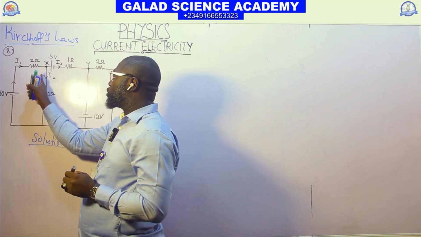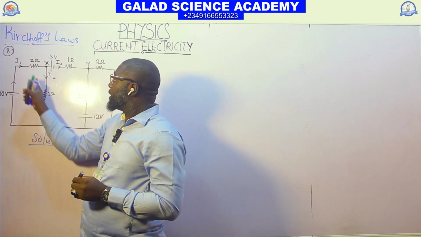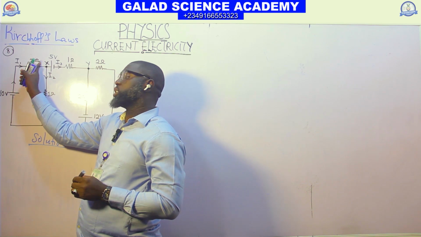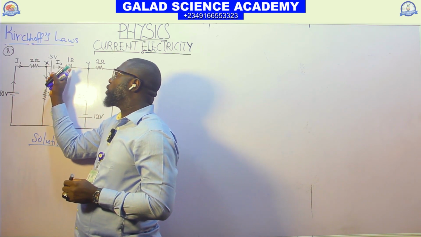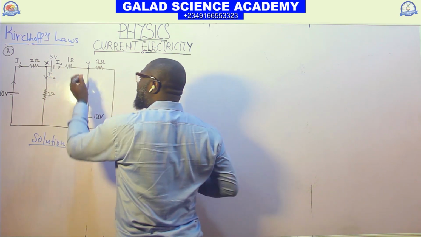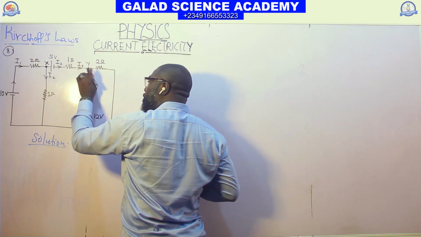You can observe that this current I2 supplies current to this 1 volt, 1 ohm. This current I1 supplies current to the 2 ohms. This current I3 supplies current to the 1 ohm. And this I3 gets to this point, where the same I3 splits at the junction into 2.